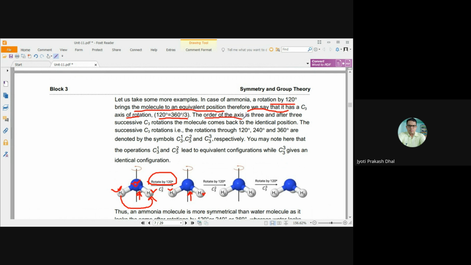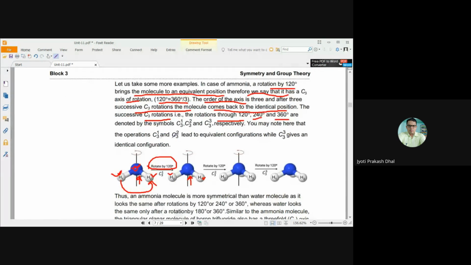Now the order of the axis is 3, and after three successive C3 rotations, the molecule comes back to the identical position. The successive C3 rotations, that is rotation through 120 degrees, 240 degrees, and 360 degrees, are denoted by the symbols C3^1, C3^2 and C3^3 respectively.